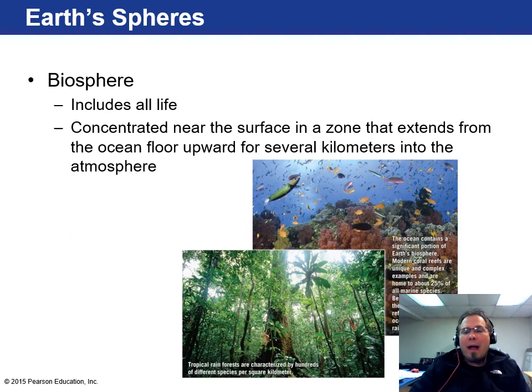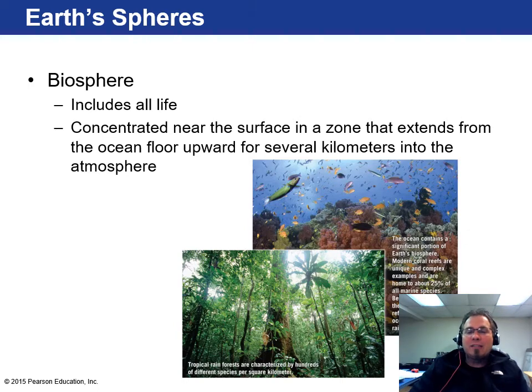We also have the biosphere, which includes all life, like living plants, animals, critters, whatever. And it's concentrated near the surface, whether it be on the surface or in the ocean. This is what biologists and ecologists deal with, but it's a huge part of life on Earth. You can't have one without the other.